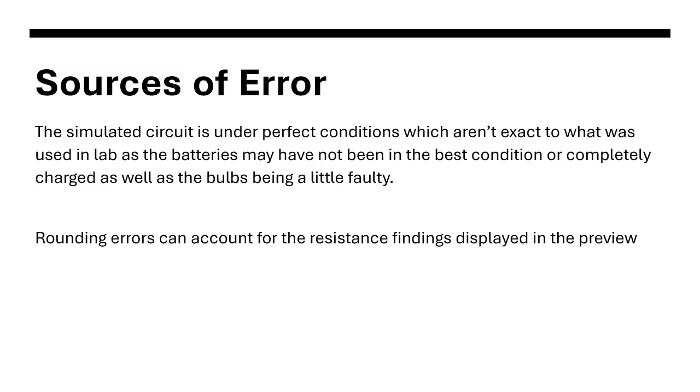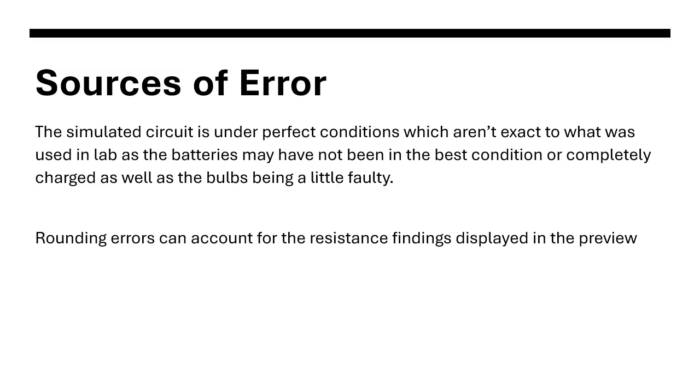So the sources of error for this lab: basically in real life, the battery might have a little resistance, as well as the wires and the ammeters, whereas in the simulation, these did not have any resistance to the circuit.